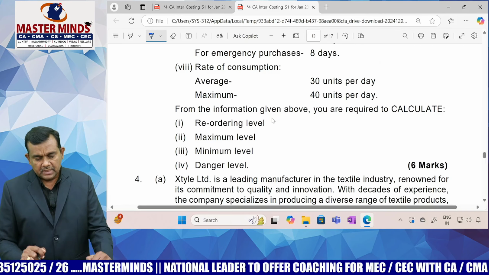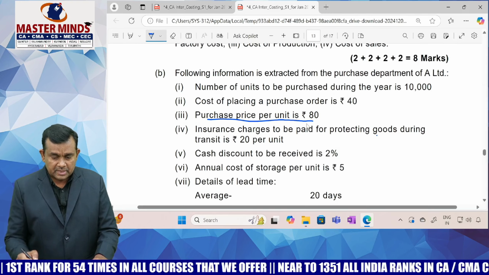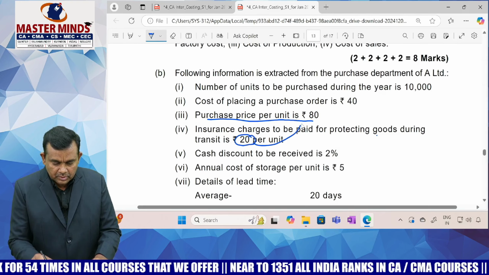So here, the important point: unit price of raw material is 80 rupees, and insurance charges paid for protecting goods during transit, that is, incurred at the time of transit, are also added to the purchase price. So finally, unit price of raw material equals 100 rupees. That is the important point.